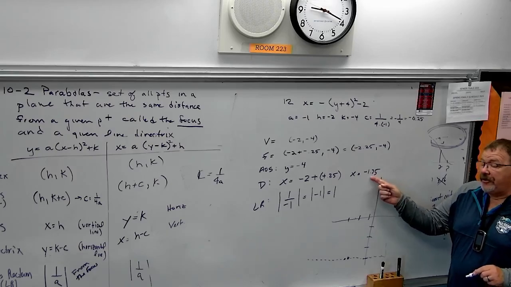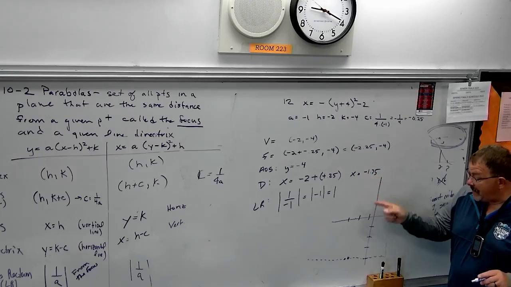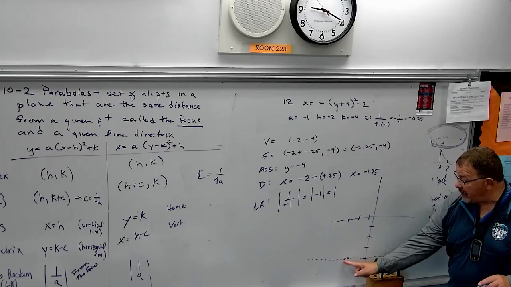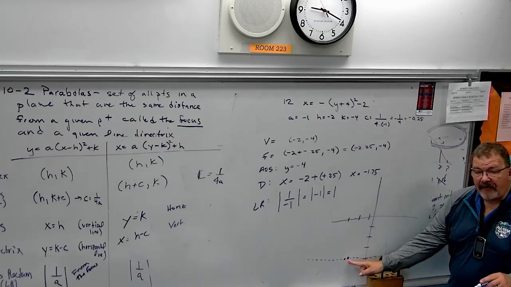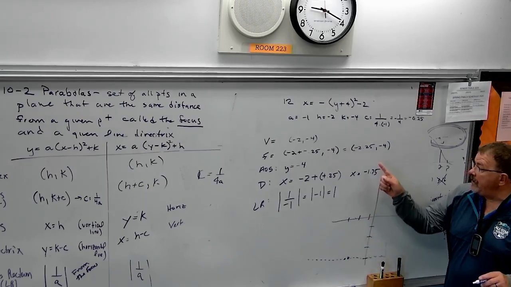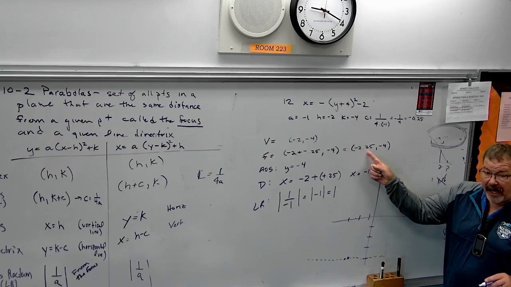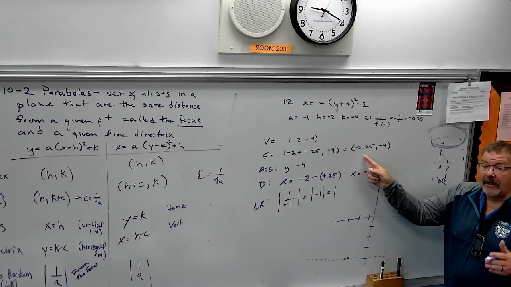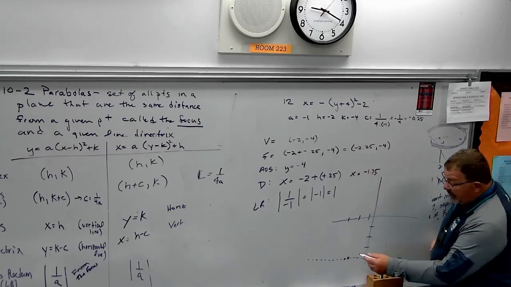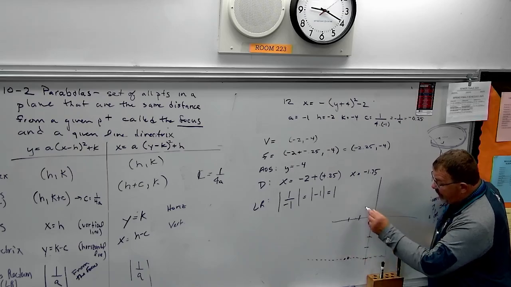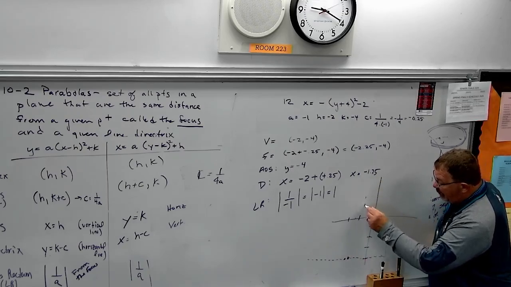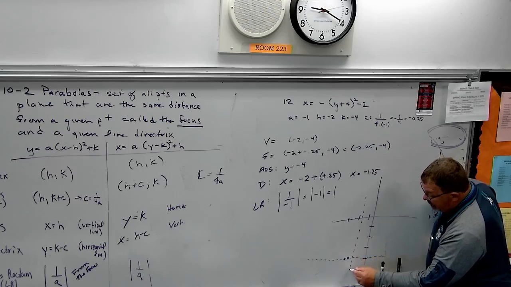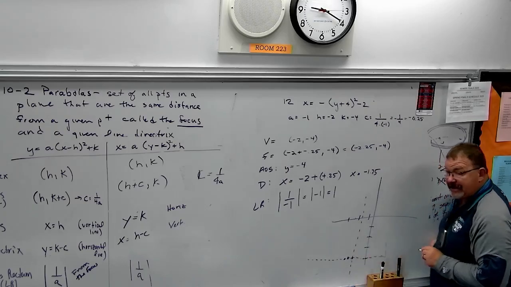Your directrix, hint: how far away is your focus from the vertex? 0.25, right? Guess how far away your directrix is from your vertex? 0.25 the other way. If this is 0.25, then when I do my directrix at -1.75, notice I'm the exact same distance away from it.